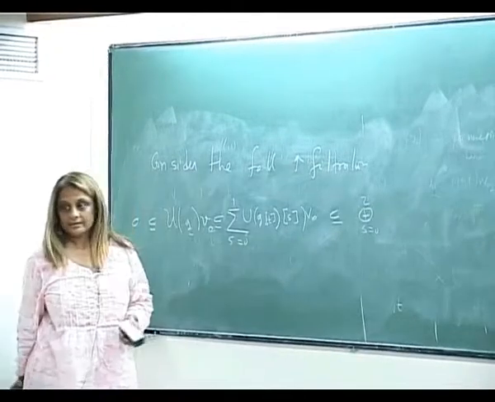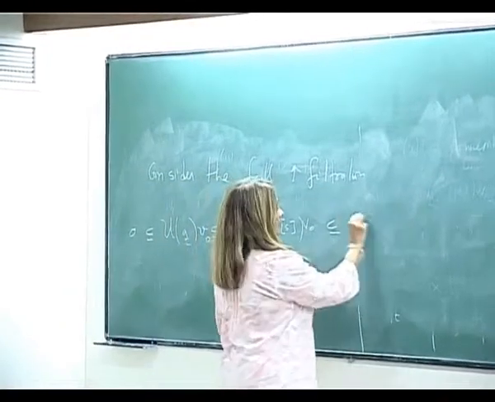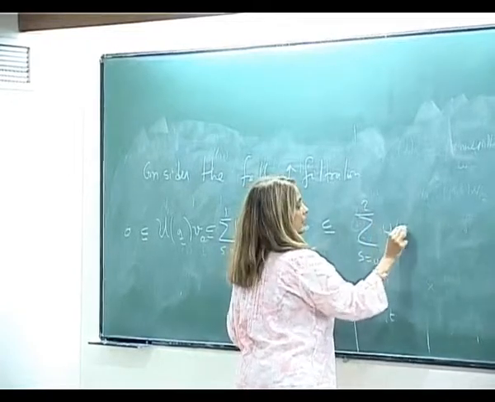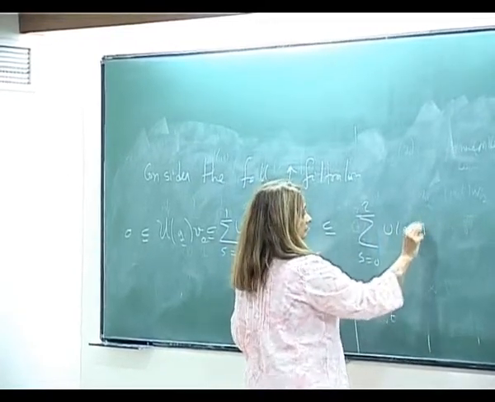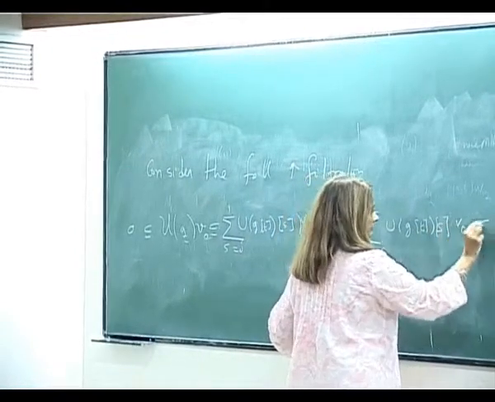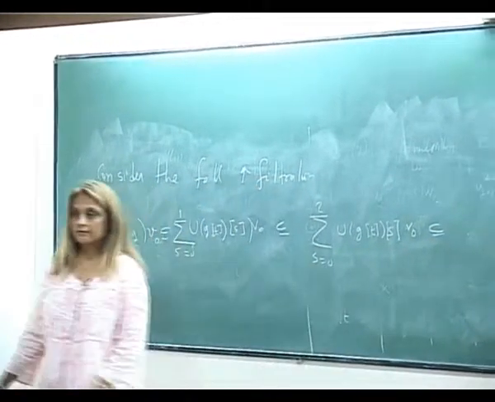I can't write direct sums, so I have to do this: summation s equal to 0 to 2, U(g_t)_s, v0. Okay, so this is an increasing filtration.